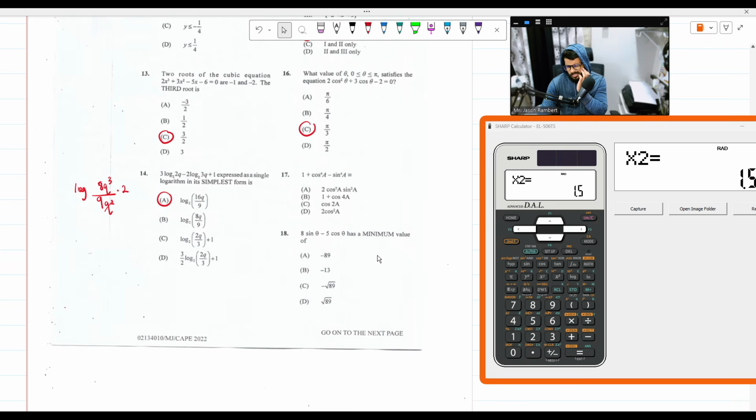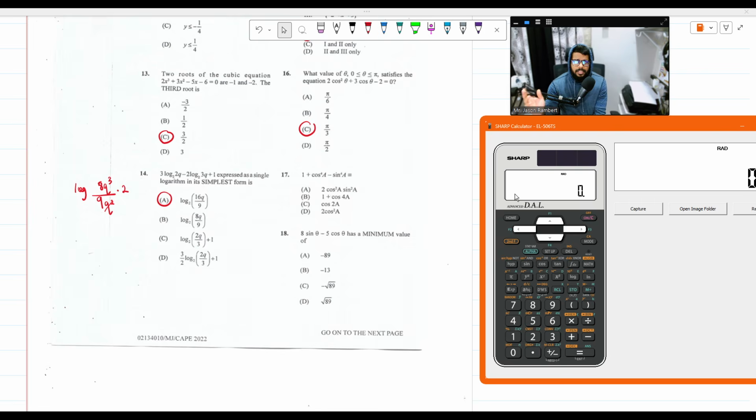I think this is cos 2a, you know. So when you're unsure, let me do the solution. I'm going to assign a value for A. Do we have A stored in our calculator?